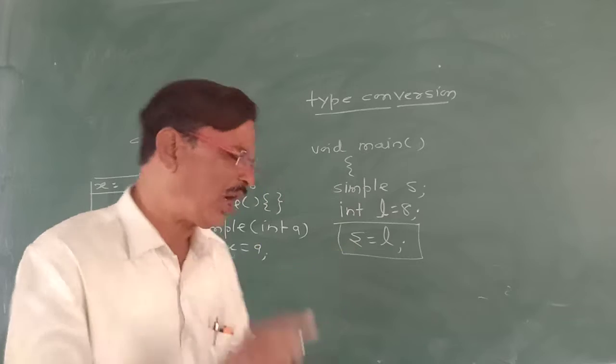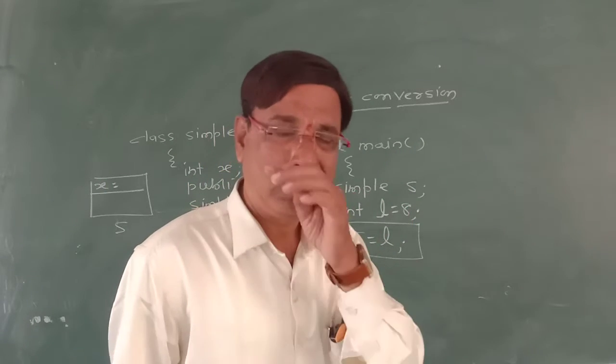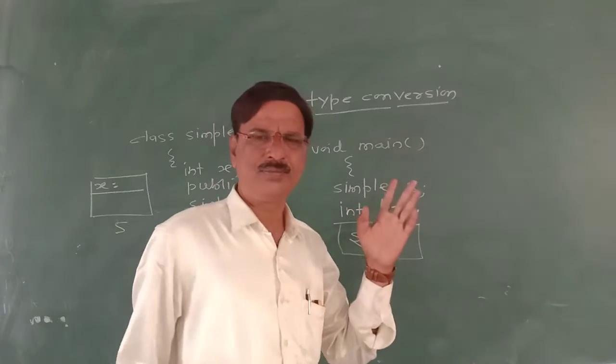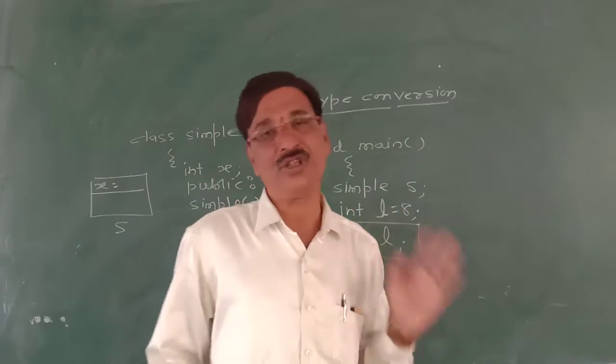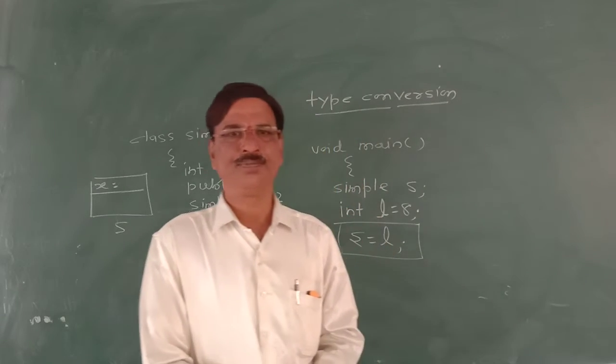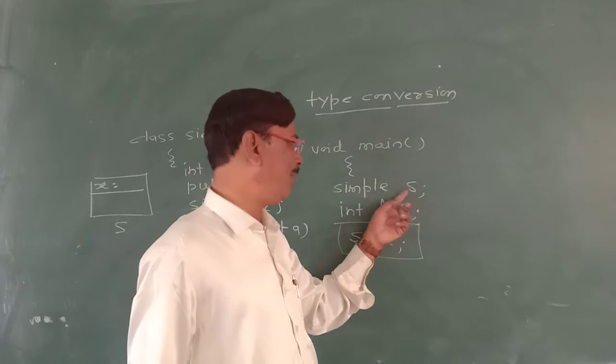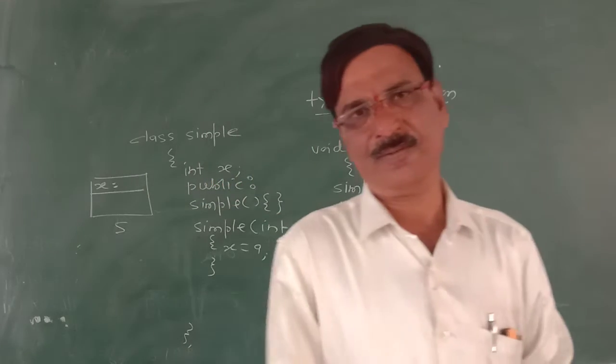Now you can ask the question, how is it possible? S is a variable, no doubt. You can say S is the object. Both are correct, because objects are after all variables. Objects are variables whose data type must be class.